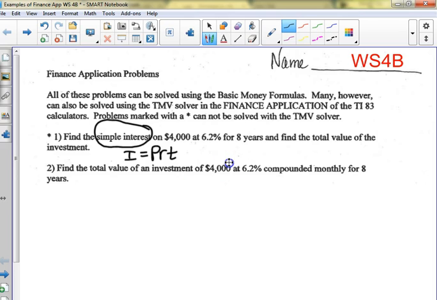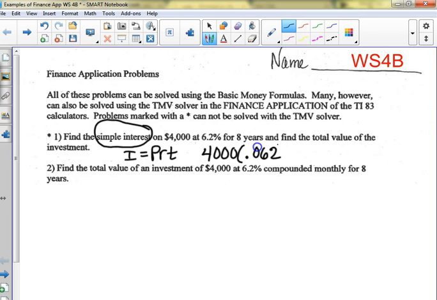I borrowed my first $5,000 from my rich uncle to put a down payment on a house because I didn't have enough. He said, I'm just going to charge you simple interest. Pay me back in 3 years. So I didn't have to make payments. I just had to somehow save up enough money to pay him back in one lump sum, and he just charged simple interest.